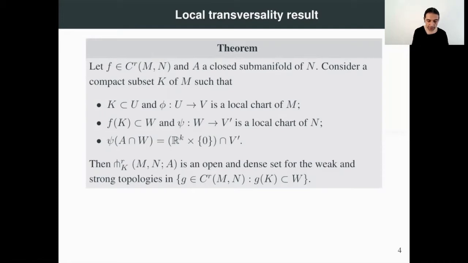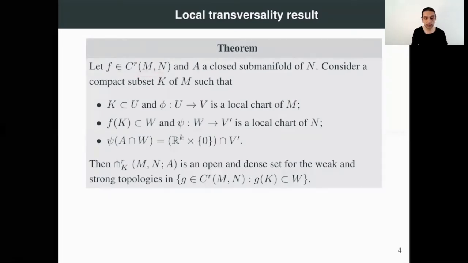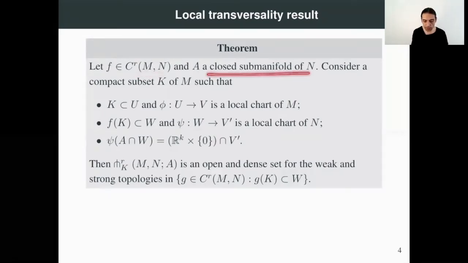Okay, let F be a C^r map from M to N and consider a closed submanifold A of M. We are going to consider also a compact subset K of M such that the following properties hold.